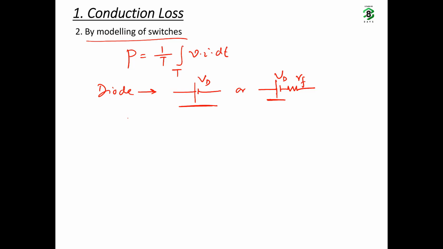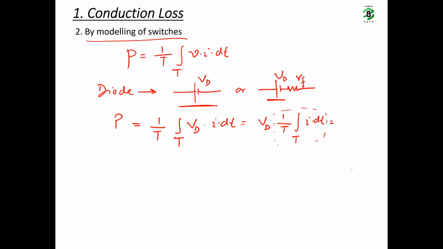So there how can we calculate the loss? 1 by T integration from 0 to T, V is the constant value Vd, i dt. Okay, now let's take this Vd out. 1 by T integration over T of i dt. We can write this as I average, because this is the formula of average current.